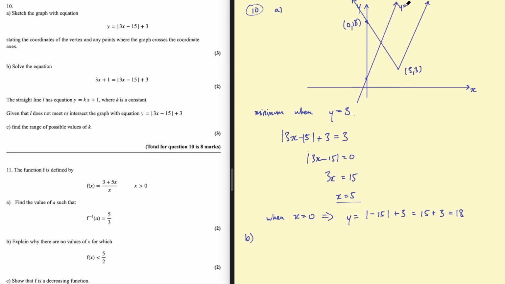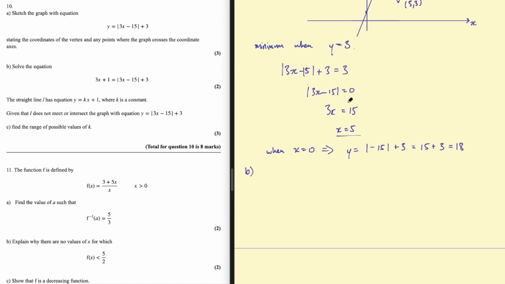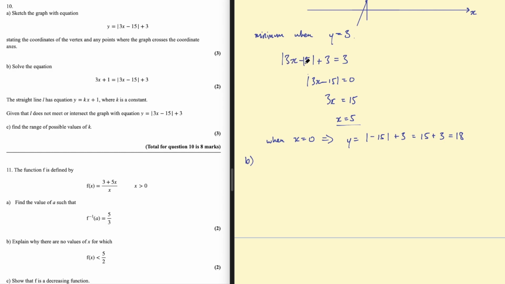That would be y equals 3x plus 1. And then we can see there'd only be one solution. Because these gradients are parallel, it's not going to intersect the graph again. So we're only going to have one solution where the x and y coordinates are both positive, and the x coordinate will be less than 5. So that means that 3x take 15 will be a negative.